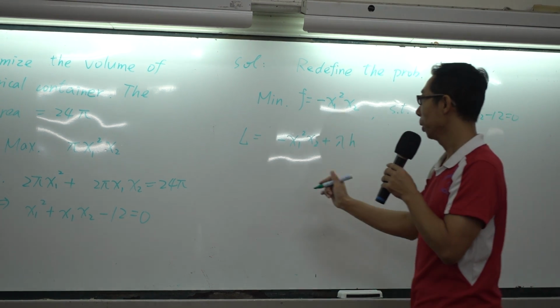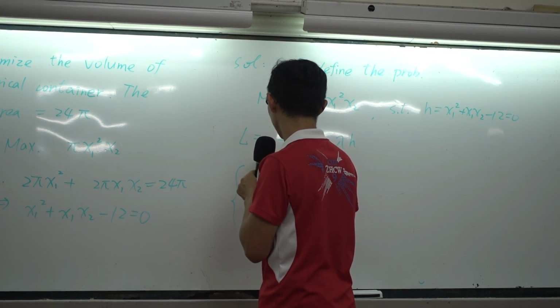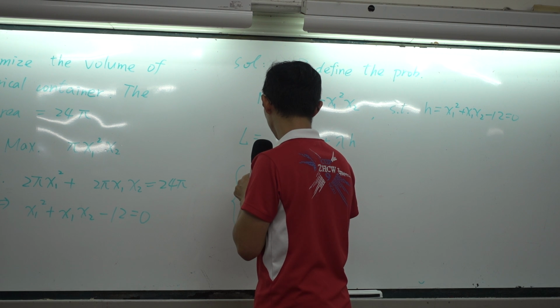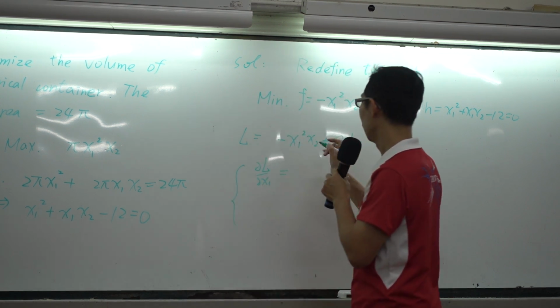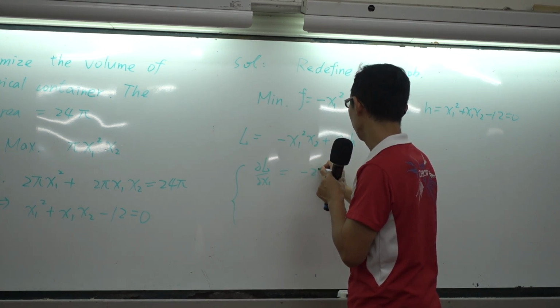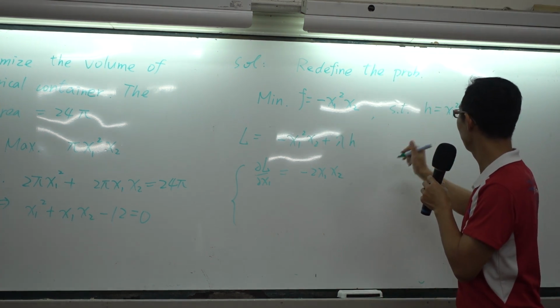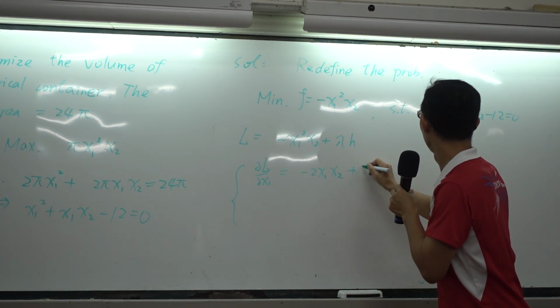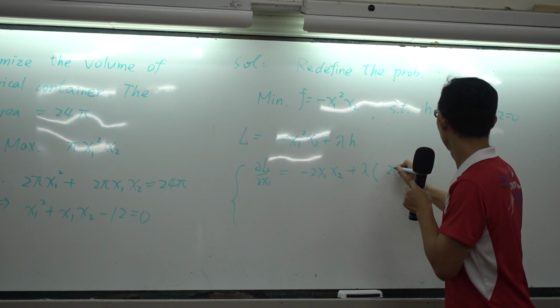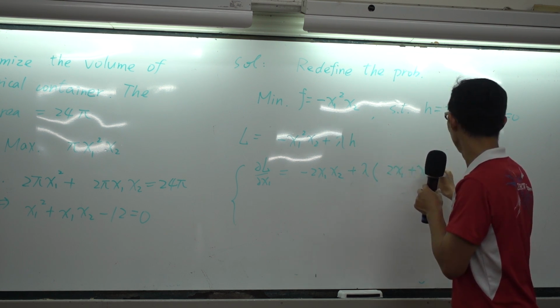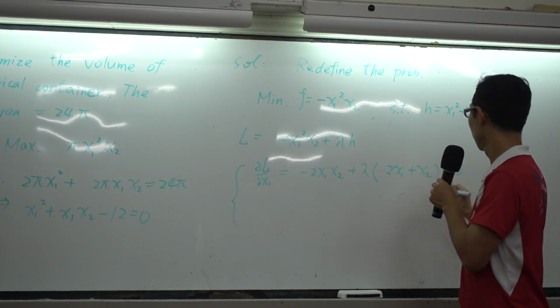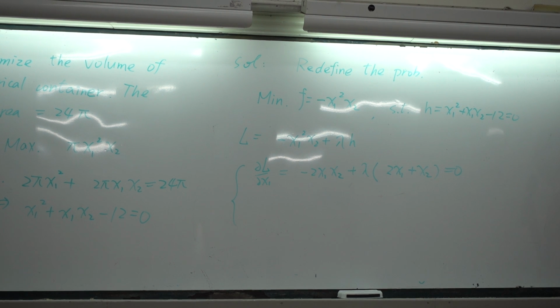And then very quickly, I believe we can write down the partial derivative with respect to x1. We have negative 2x1 times x2, plus lambda times (2x1 plus x2), and this is equal to 0.